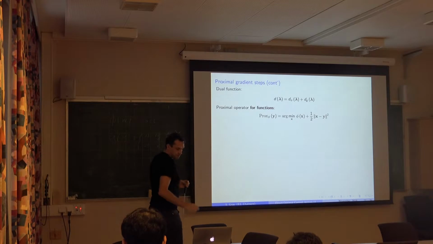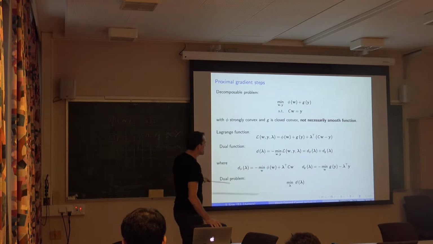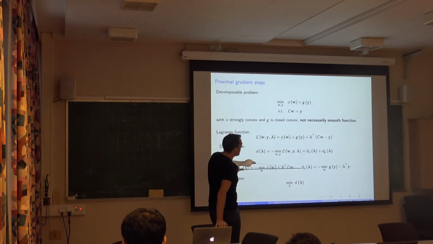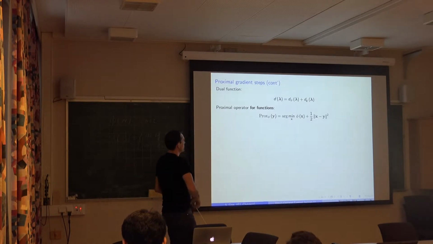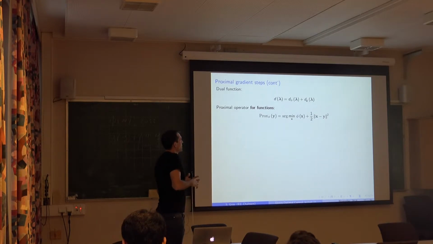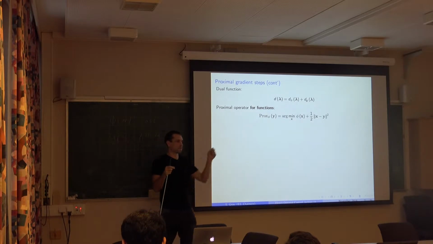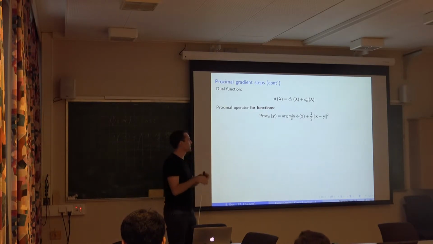Then how do we treat the fact that g may jump to infinity? You cannot apply gradient methods or anything like this. So to treat that, you need to introduce the proximal operator, but not for sets. If you remember, for sets, it was basically find the closest point that is in the set.